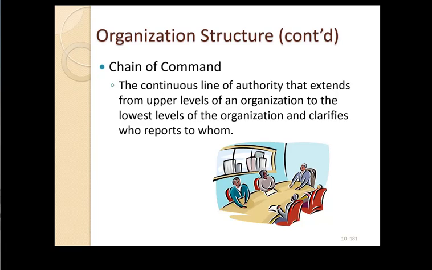In other words, the chain of command can be defined as the continuous line of authority that extends from the upper level of an organization to the lowest level of the organization, and that line can clarify who needs to report to whom. That's a chain of command, right?